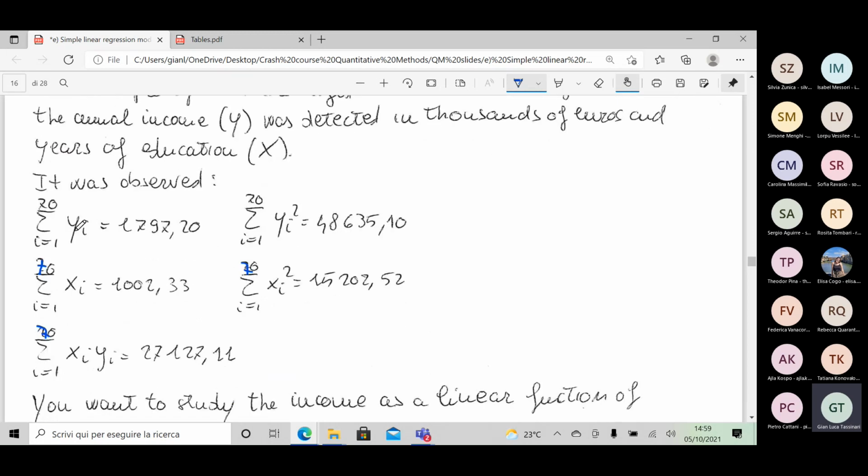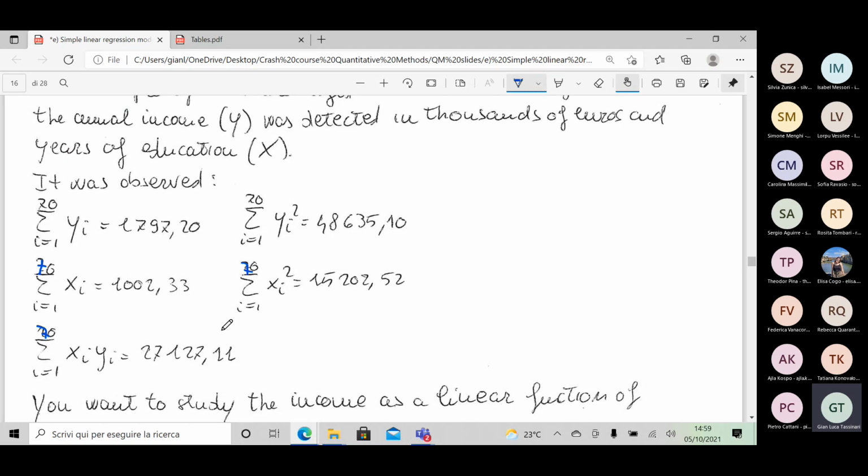You have the sum of all the yi, the sum of the annual income of the 70 males in your sample, the sum of the squares of the annual income, the sum of the years of education of each of the 70 individuals, the sum of the squares of the years of education, and the sum for each individual of the product between annual income and years of education. These are the information already provided. So you have the data, you computed it, okay?